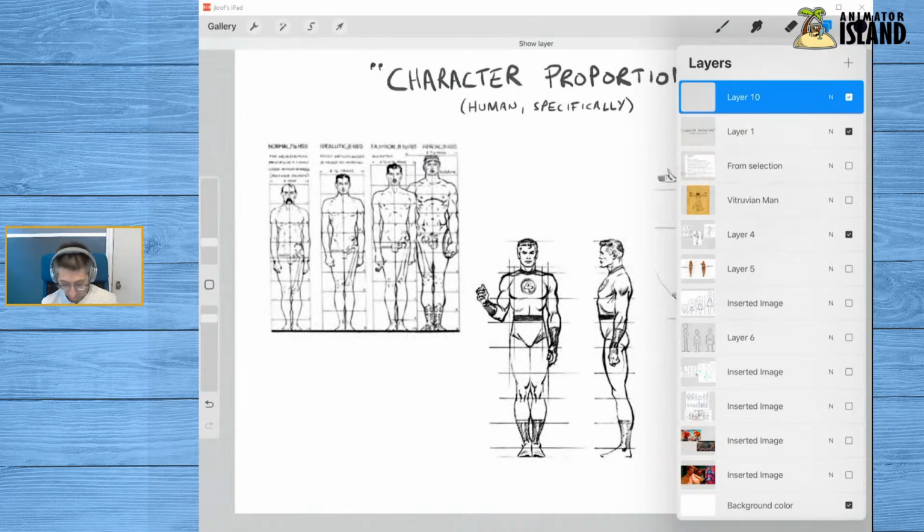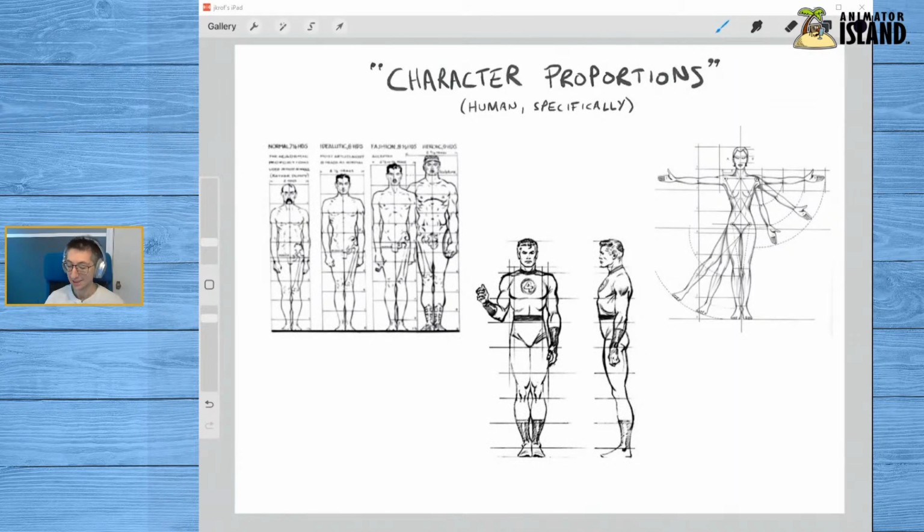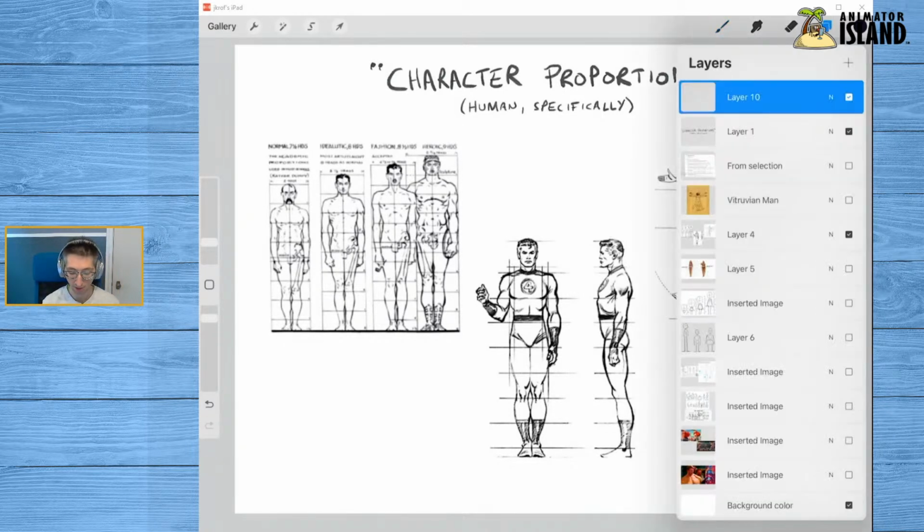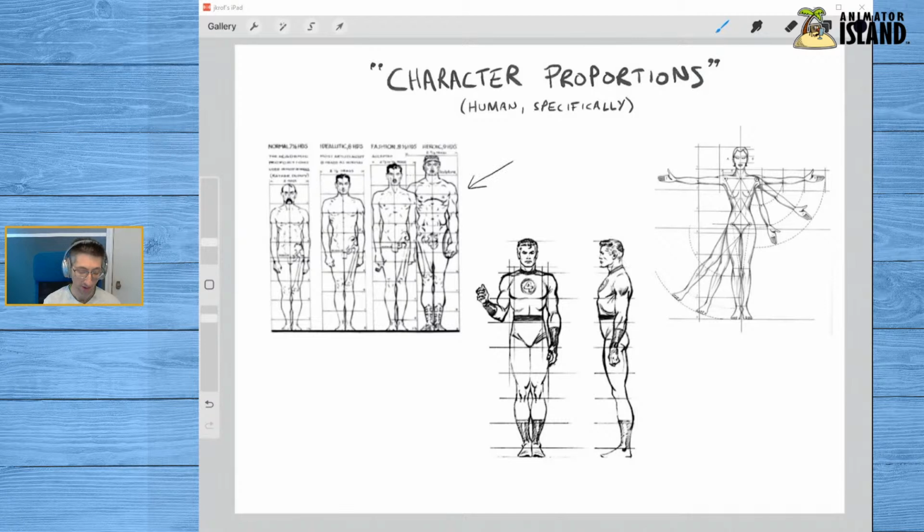So, first up, you may have seen some of these images before. Specifically, right now we're going to talk about the one on the left here. When it comes to character proportion, we in the art world very often talk in terms of heads. Heads high, heads long, because the human head is something that we can use to measure the rest of the figure.